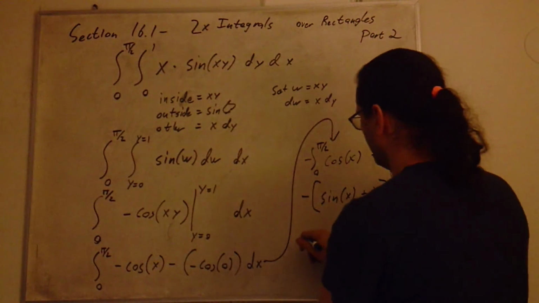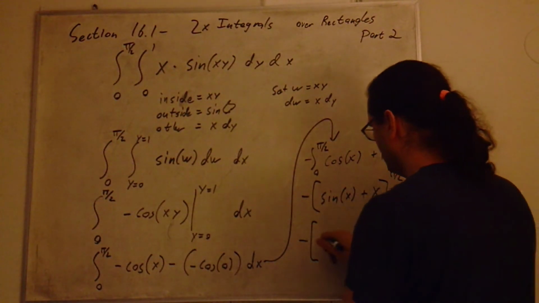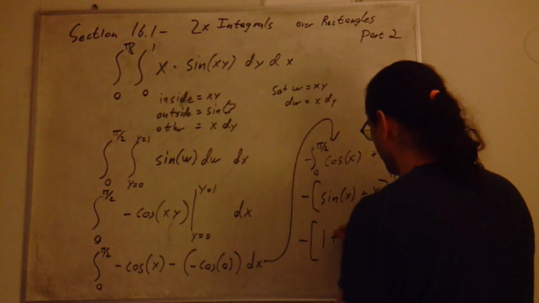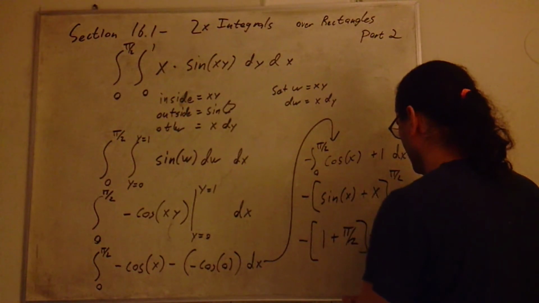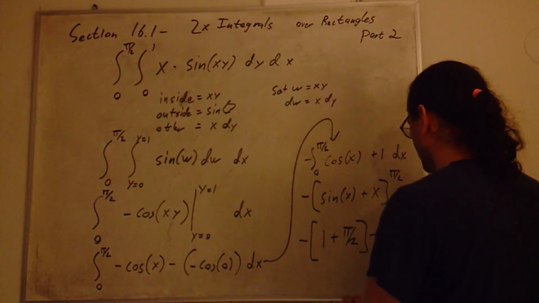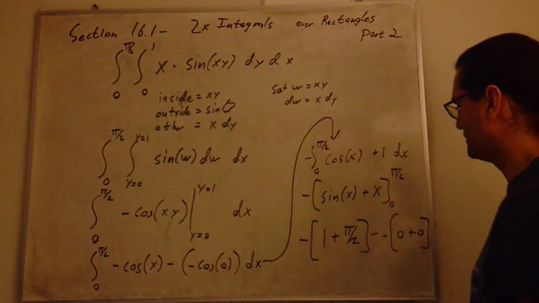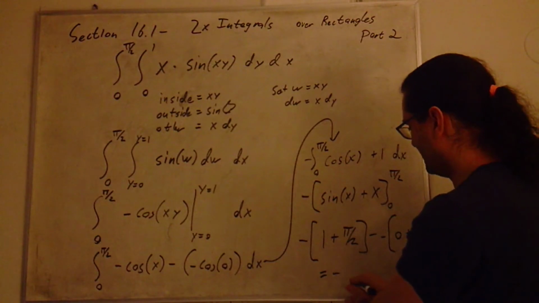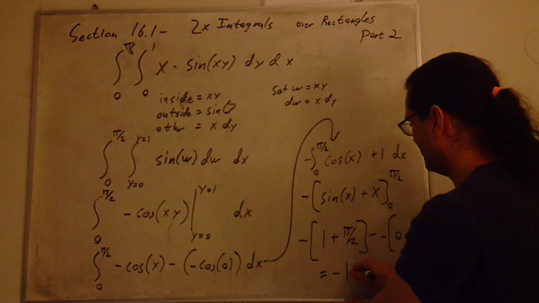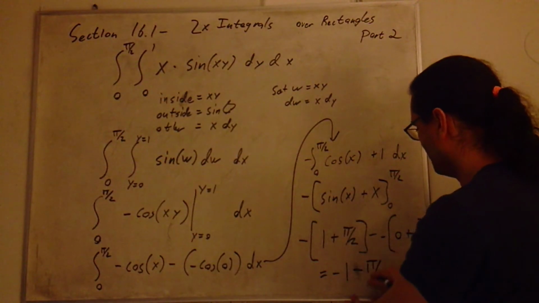So this is going to be negative, sine of pi over 2 is 1 plus pi over 2 minus negative 0 plus 0. So, yeah, this whole integral is negative 1 minus pi over 2.